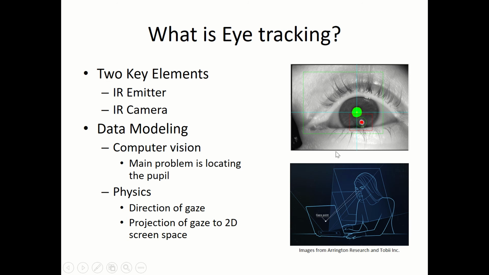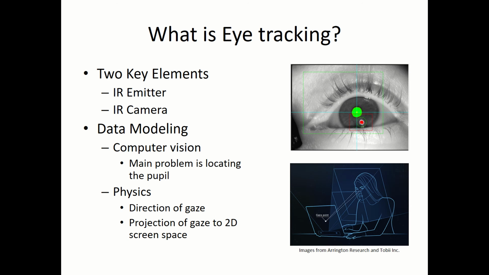The main problem, and the thing that'll come up again later when we talk about issues with this kind of data, is that you're always trying to locate that pupil. If you have extreme orientations, the models break down, and then there's a lot of dealing with blinking.